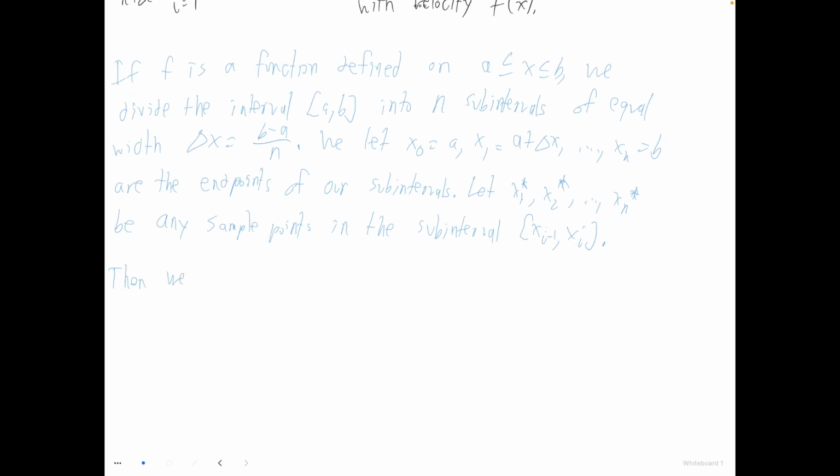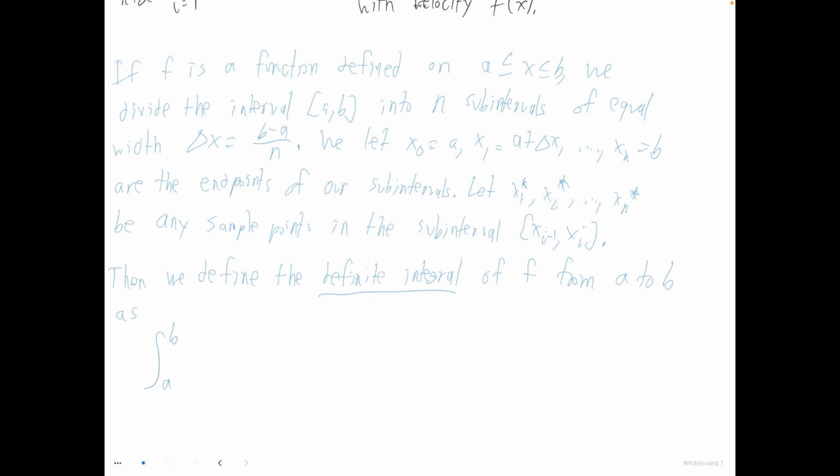Then we define the definite integral of f from a to b, which we write as the integral from a to b.